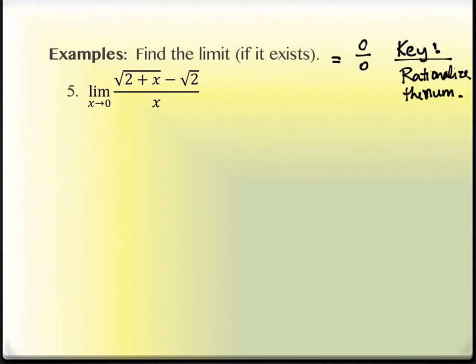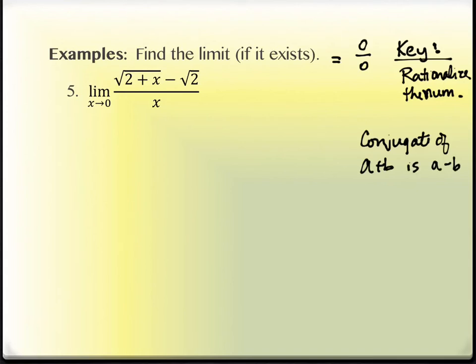So what we need to do to get rid of the radicals on top and turn them into rational numbers is you multiply by what's called the conjugate. So a conjugate of a plus b is a minus b.